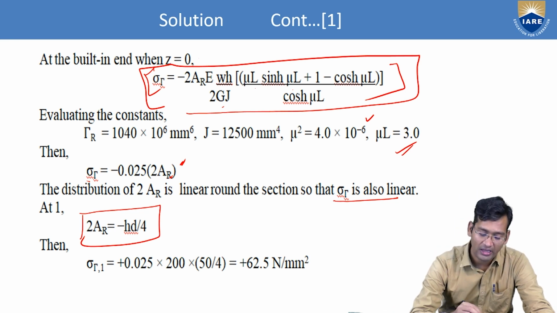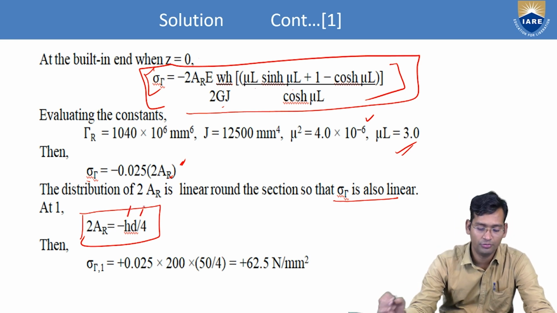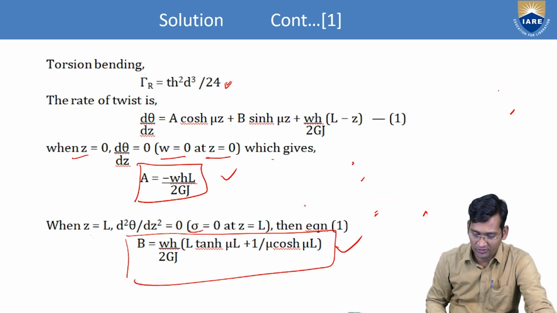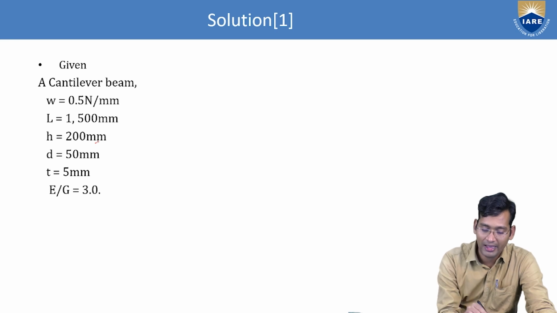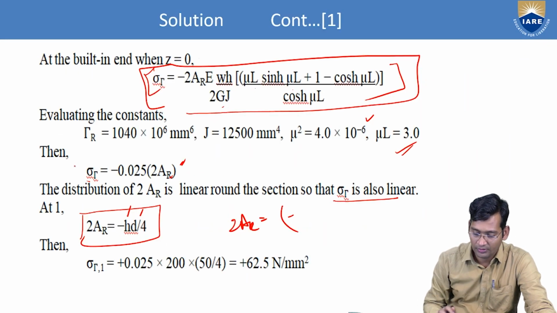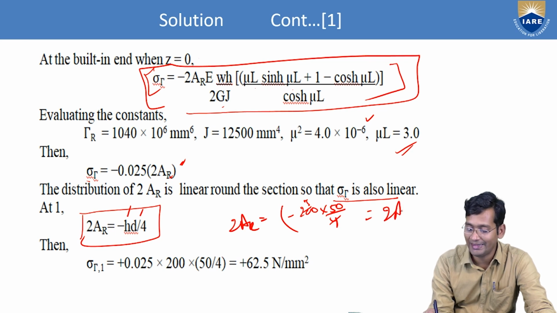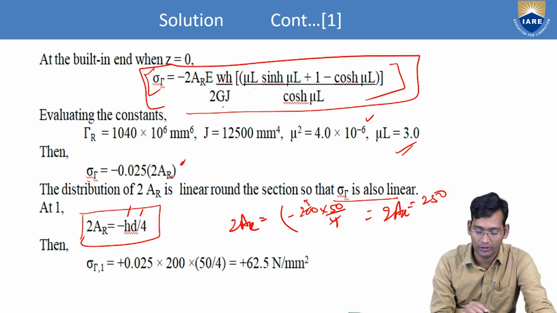Now we know the value of h and d. H is 200 mm and d is 50. So minus 200 into 50 by 4, so this will give you 250. So 2AR is minus 250.